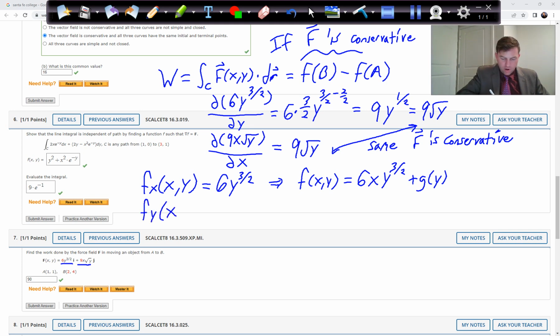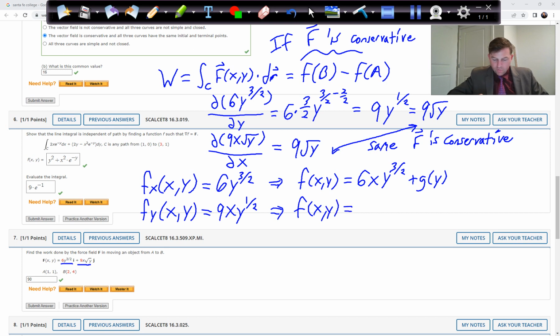Partial f with respect to y should have produced 9x square root y, which I'm going to write as y to the 1/2, which implies that we should have f of xy equals the antiderivative of 9x y to the 1/2, so this is 9x y to the 3/2 over 3/2 plus some g of x potentially.